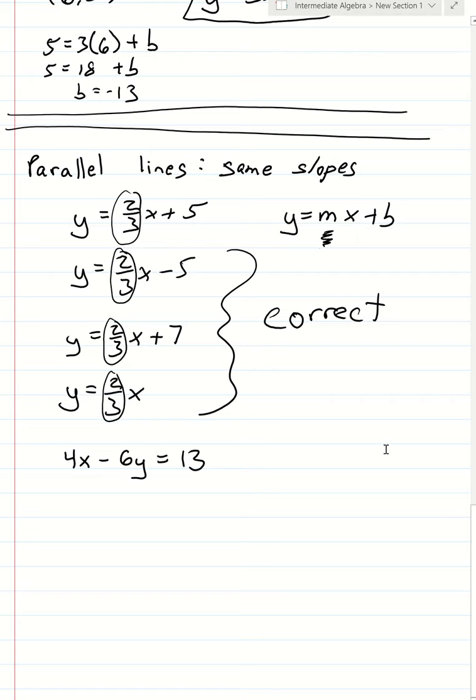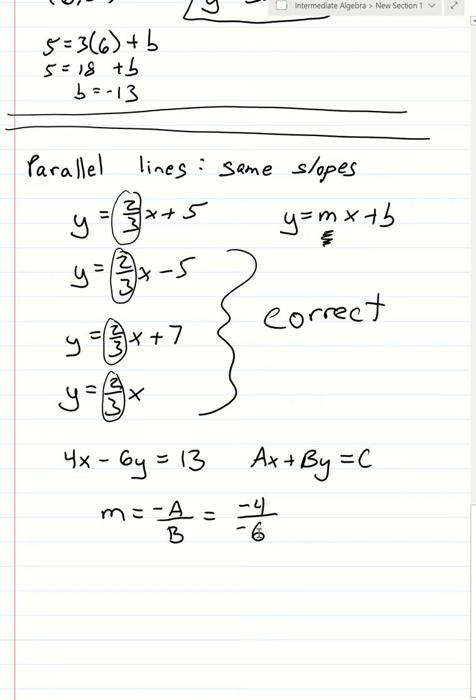Well, remember now, this particular equation is in standard form, ax plus by equaling c. And to get the slope of this equation, I gave you earlier the other day a formula that we have to take the opposite of a and divide it by b. Well, a is 4, but I need the opposite of a, so that would give us negative 4. b is the coefficient, the number in front of y, which is a negative 6.